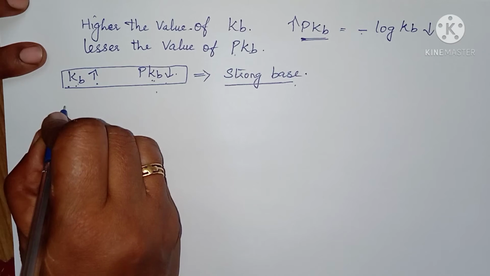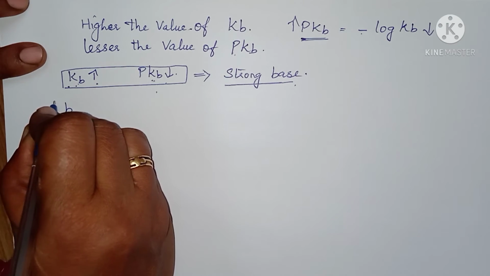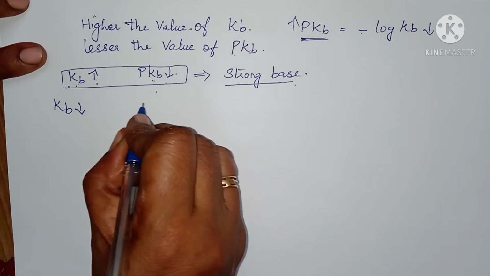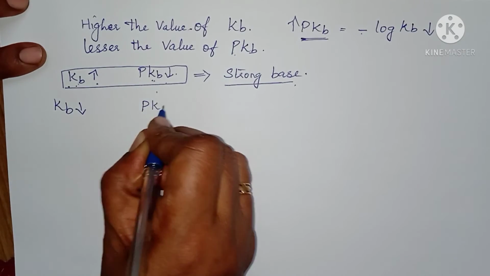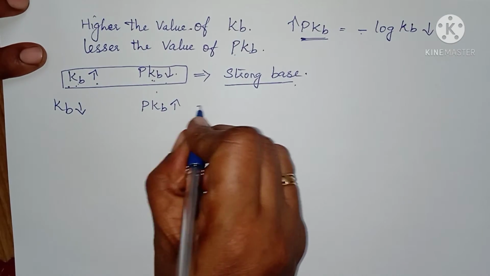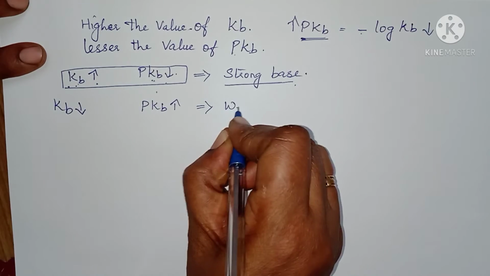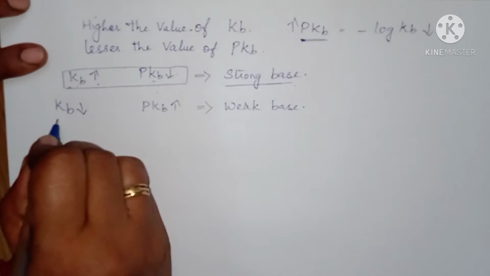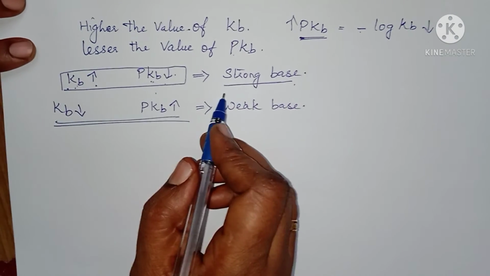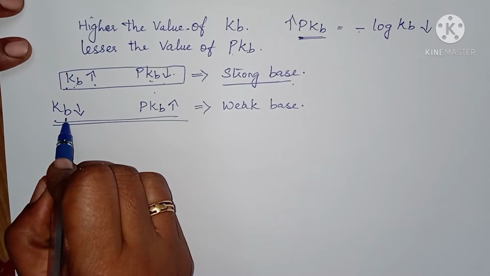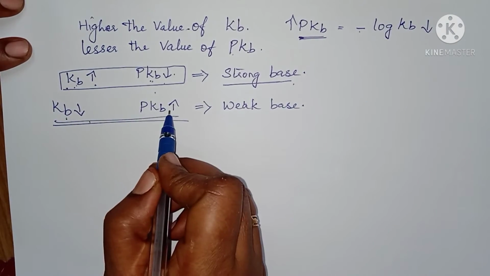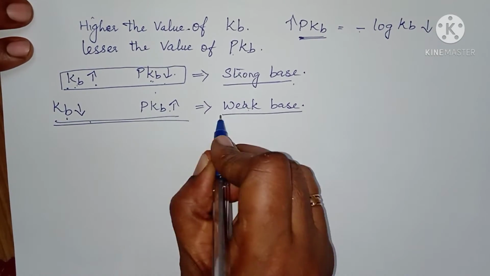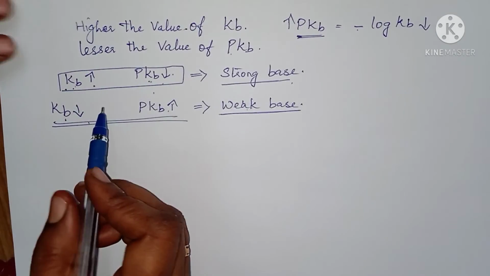In the same way, Kb decreasing and pKb increasing means it is a weak base. Remember these two points, MCQ questions may ask them.